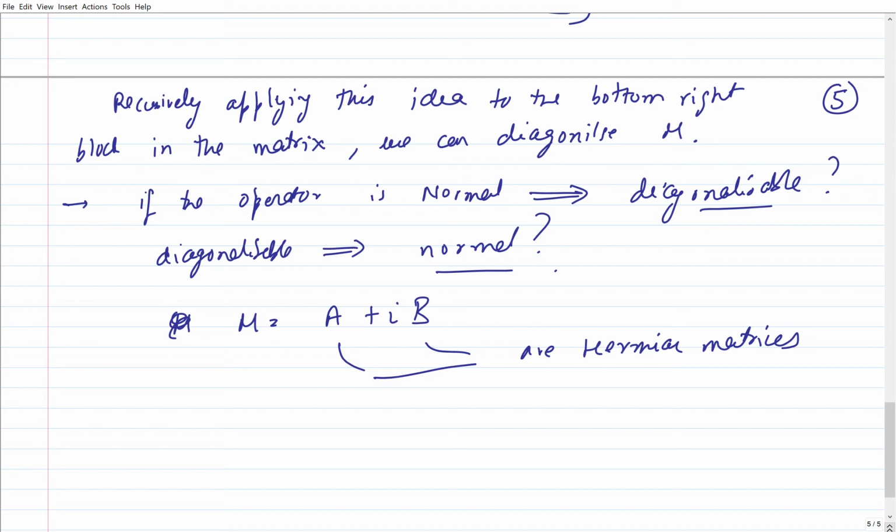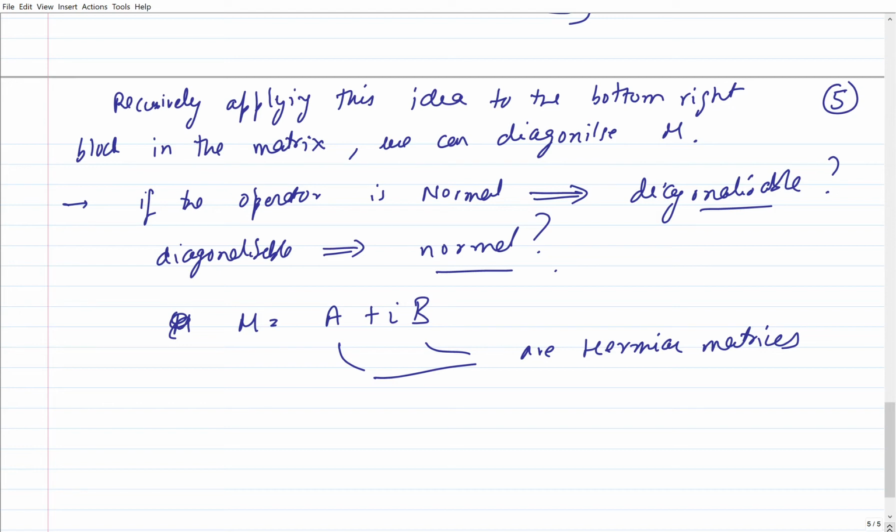So in order to diagonalize this matrix, what does diagonalizing M mean? That means to diagonalize M, we need to be able to simultaneously diagonalize A and B. Is it correct? And what does that yield to us?